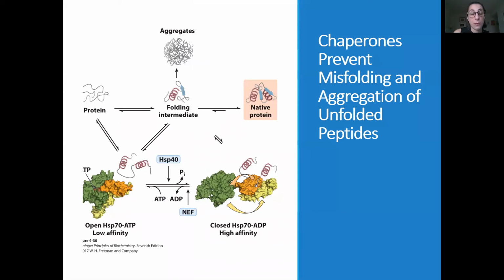So they will prevent misfolding from happening. They help prevent aggregation, these fibrils that could potentially happen, or a bunch of unfolded protein that can then aggregate into these clusters, which we do not want because that will cause cells to die. So these chaperones will take kind of a partially folded or folded intermediate of a protein and then help it to stay folded into its native state.